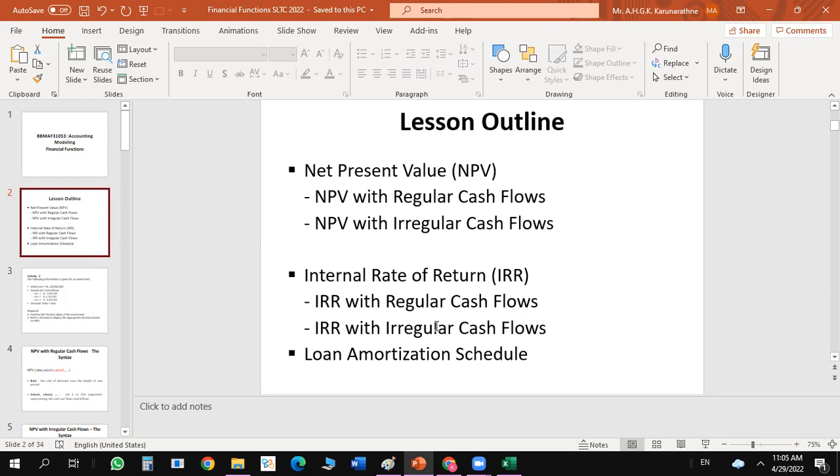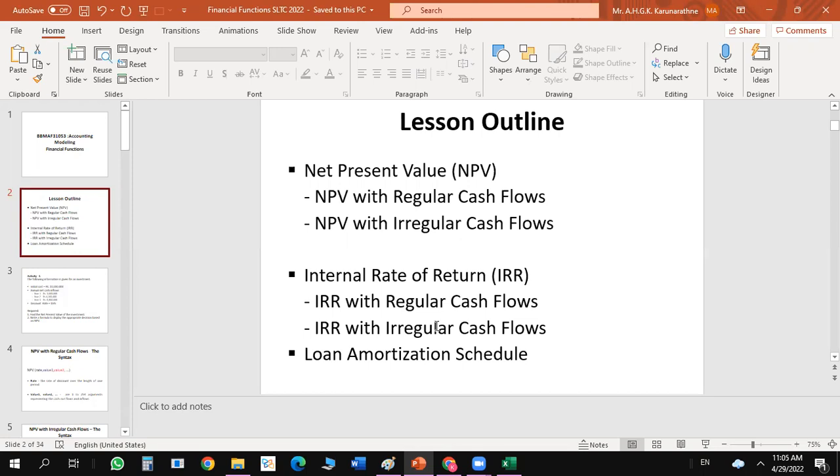You know, there are different approaches to evaluate project financial feasibility. All these NPV and IRR are popularly used by managers to evaluate financial feasibility of a capital investment or of a project.